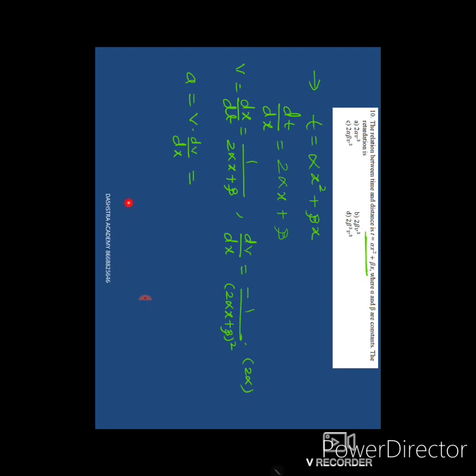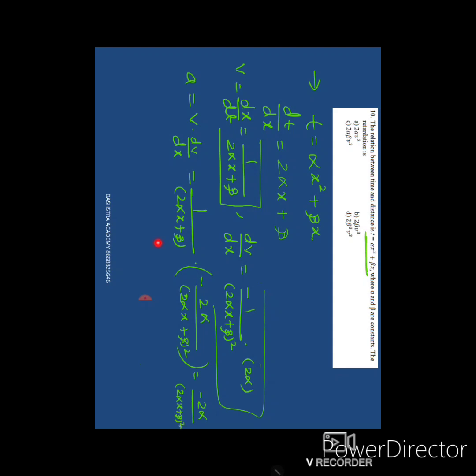Value of v is this, that is 1 upon 2 alpha x plus beta, into the value of dv by dx, that is minus 2 alpha divided by (2 alpha x plus beta) whole square. Okay. So this will become minus 2 alpha divided by (2 alpha x plus beta) whole cube.